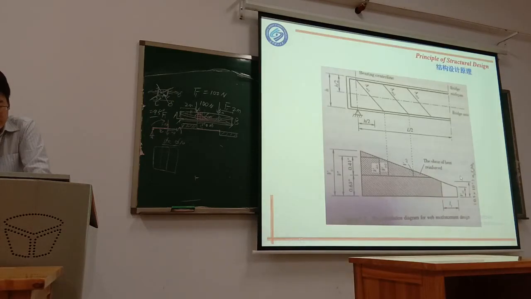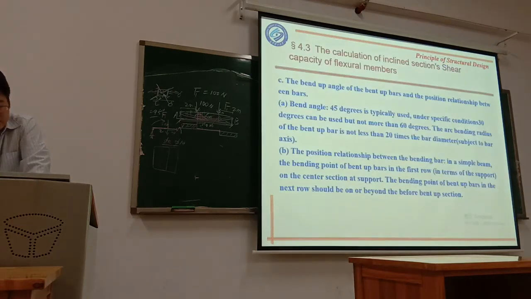So what's the meaning? Can you understand what this means? The bending point for the bending reinforcement in the next row should be on or beyond the previous bending up section.